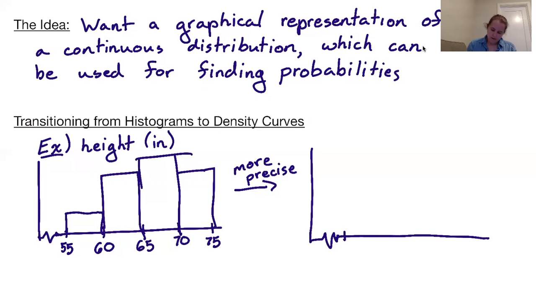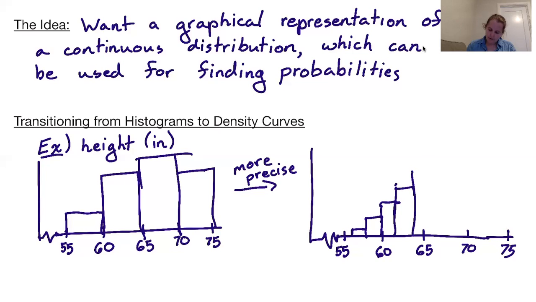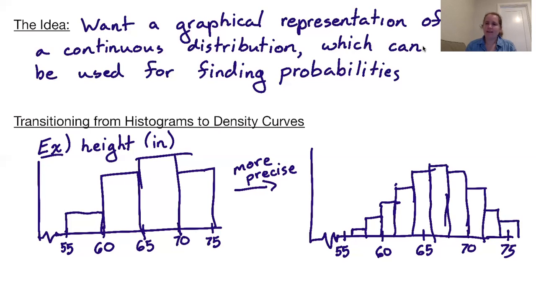Now let's say we count by twos. So maybe we have 56 to 58, 58 to 60, 60 to 62, 62 to 64, etc. This is nowhere near precise by any means.